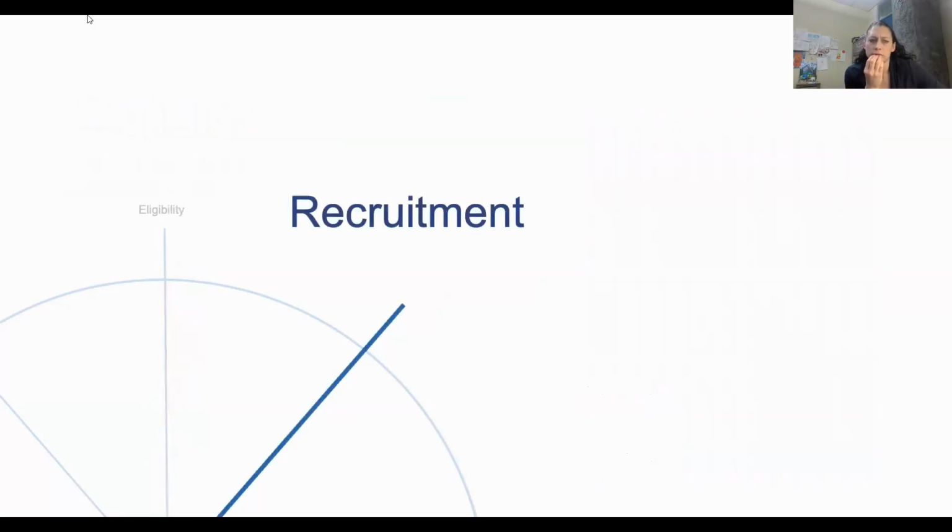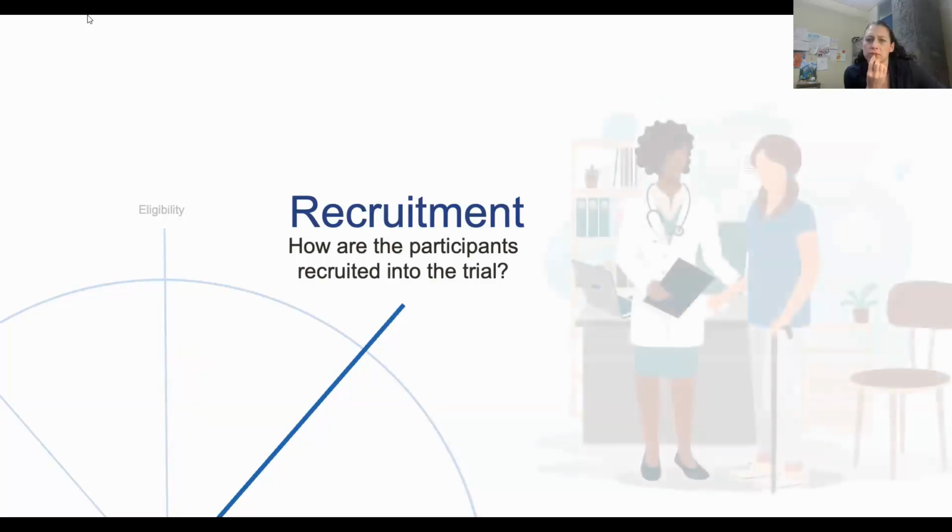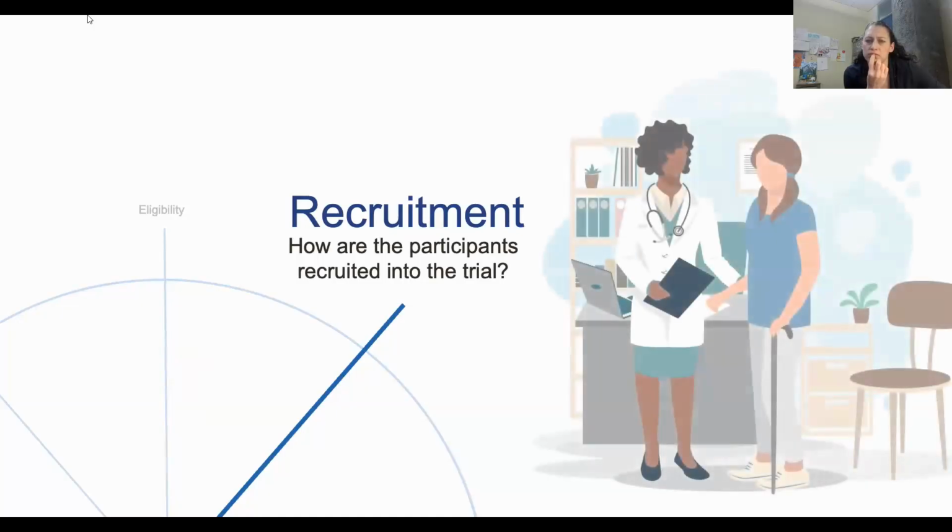In terms of recruitment, for those of us who've been involved in explanatory trials, we know that sometimes we do a lot to recruit people into trials. The most pragmatic approach would be to say, we take people who are coming into maybe a clinic for their usual care, and those are the people we approach, and we don't go to any special measures to recruit additional folks.